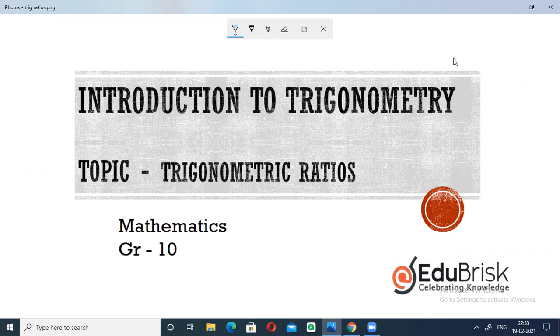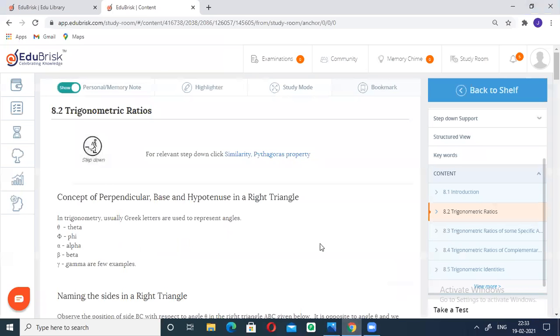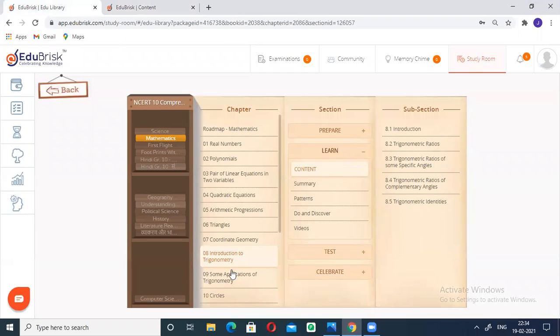Now, this chapter, Introduction to Trigonometry, comes under the unit Trigonometry. There are two chapters under this unit: Introduction to Trigonometry as well as Some Applications of Trigonometry.